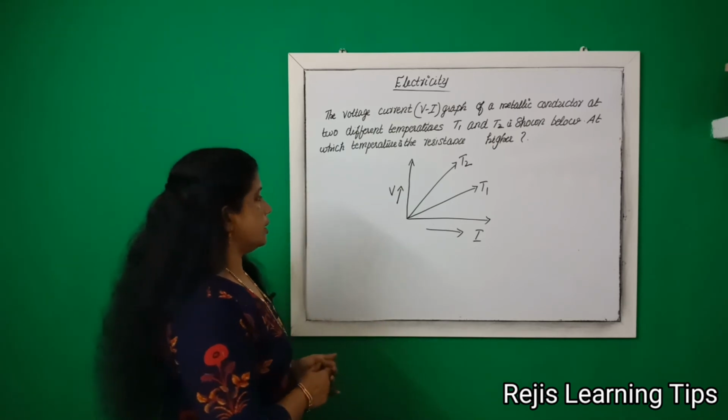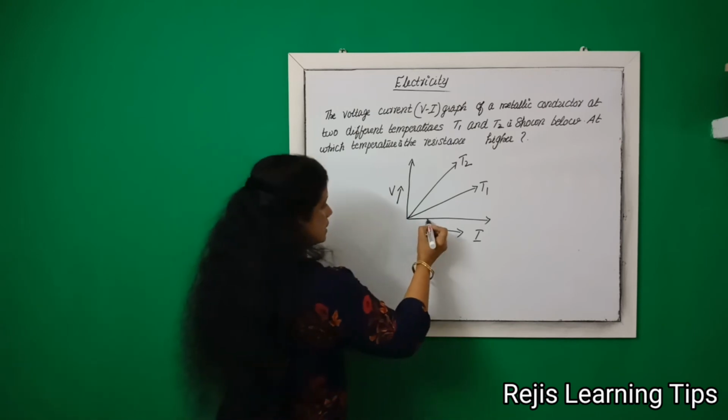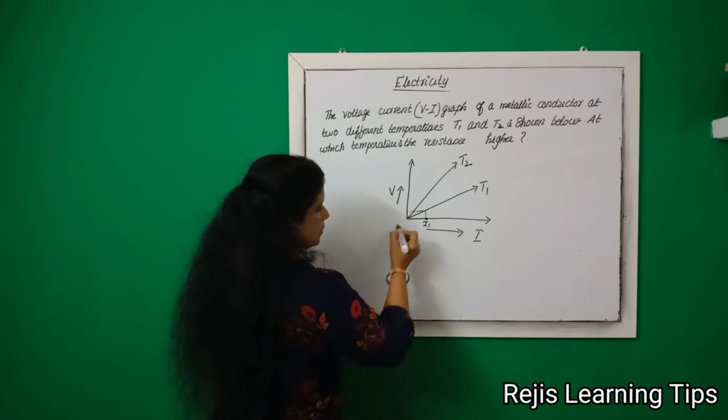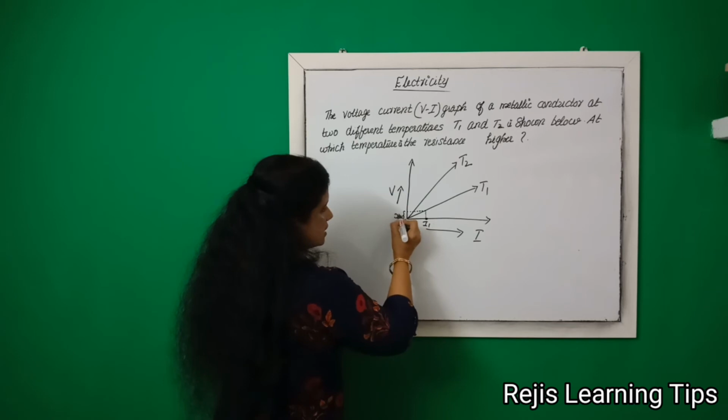The current remains the same, so this is I1, and you should draw one line parallel to the y-axis, and then another line parallel to the x-axis, and suppose this is x.